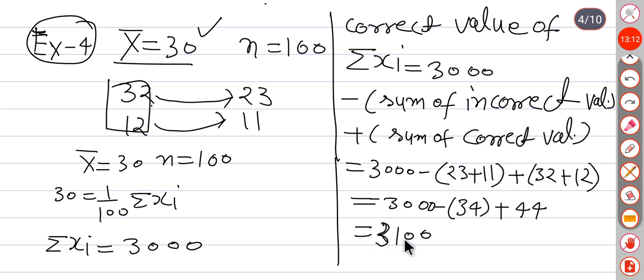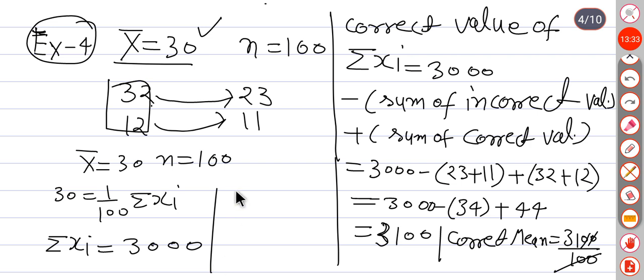So this is the correct summation. So the correct mean would be 3100 upon 100, and that would be 31. So the correct mean would be 31.